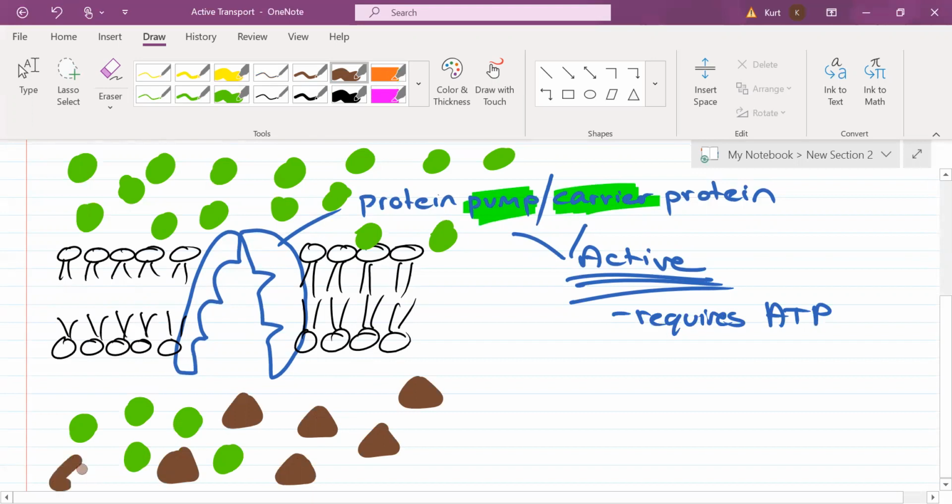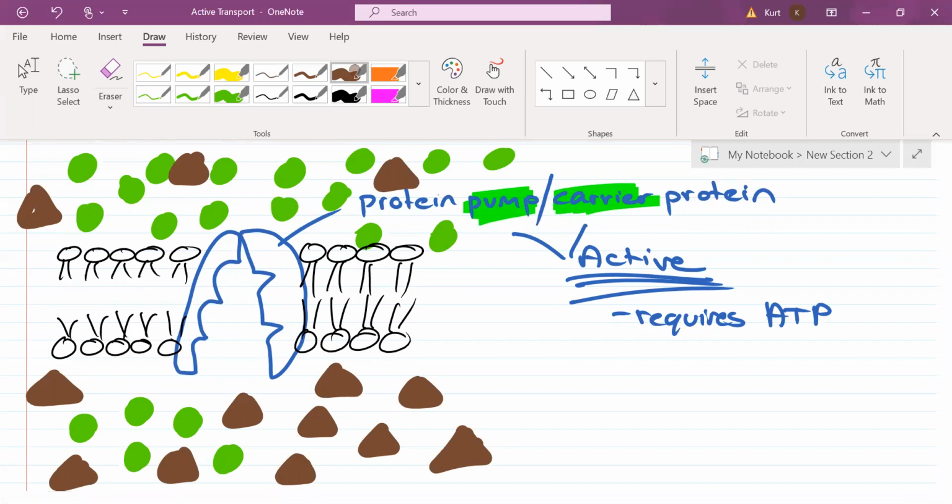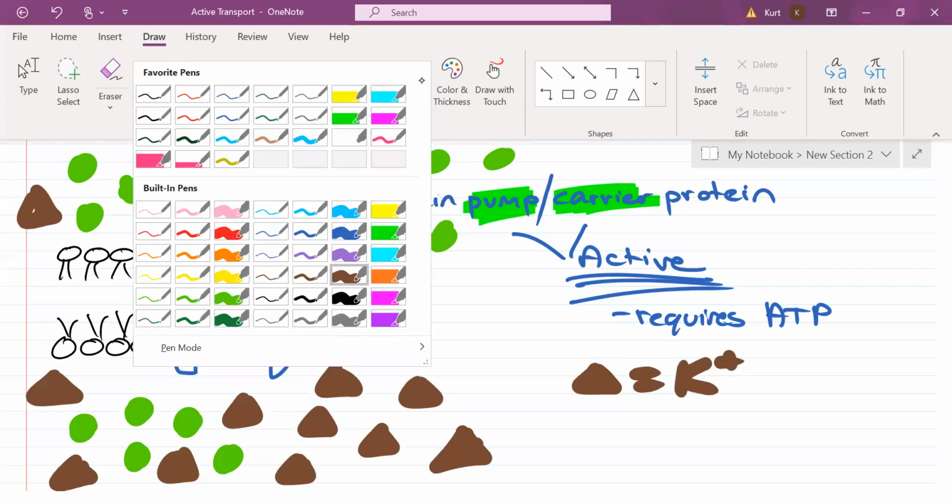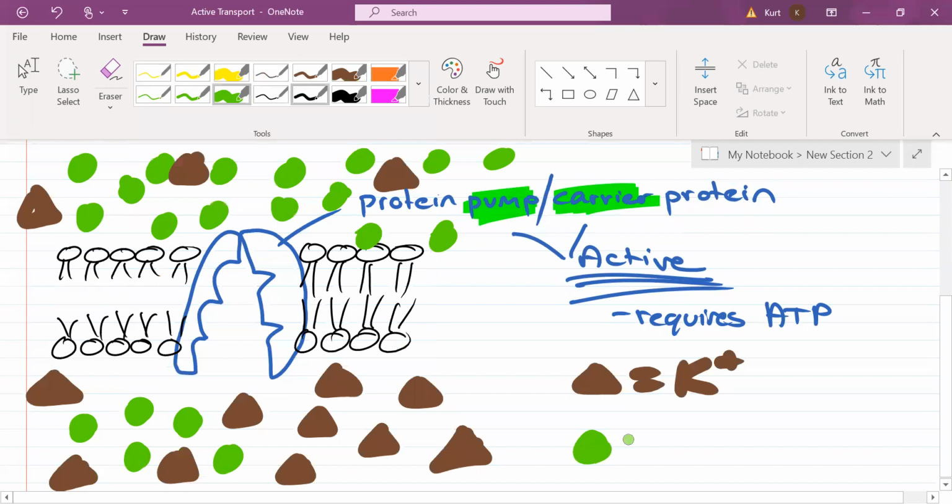There's a lot of potassium on the inside. Not a whole lot on the outside. So a brown triangle is going to represent potassium, and a green circle is going to represent sodium.